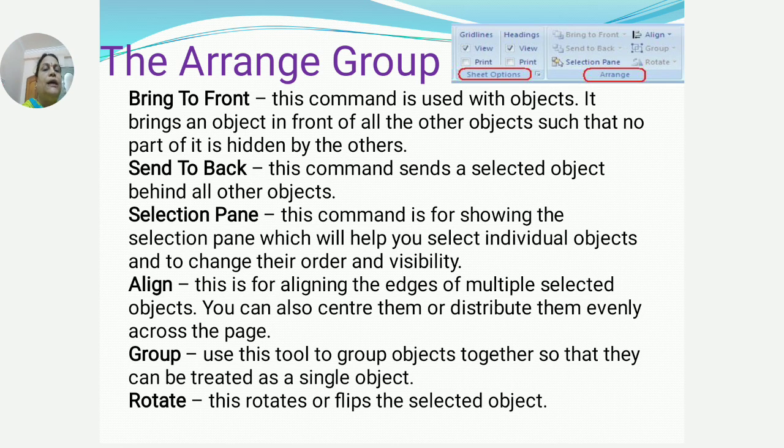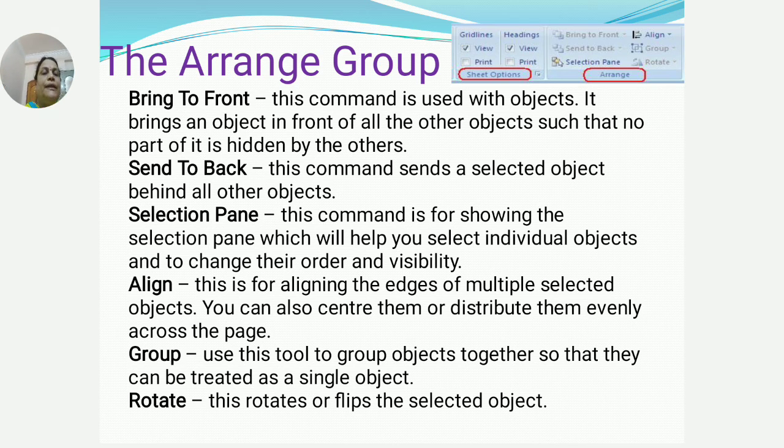Now let us see the other command, selection pane. This command is for showing the selection pane, which will help you to select individual objects and to change their order and visibility. If you want to select an object, you can click on this command selection pane. Next command is align command.